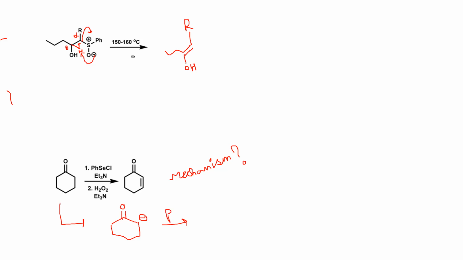Then when we add selenium chloride, this O minus attacks the selenium and chlorine is lost from the system.